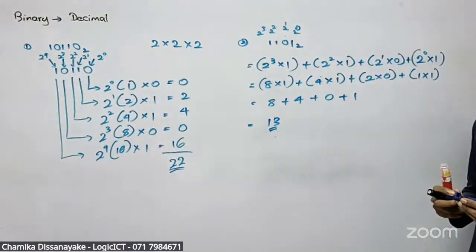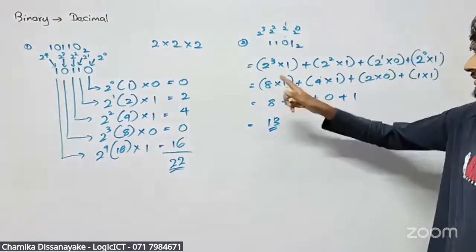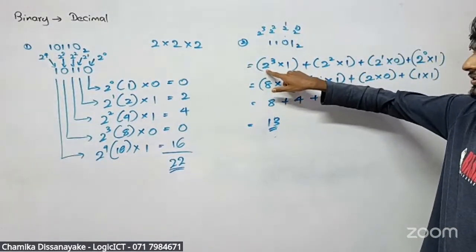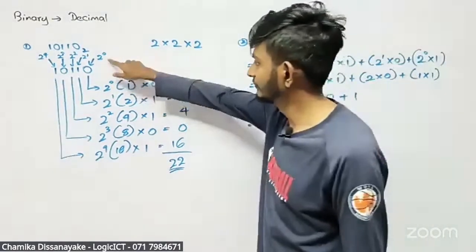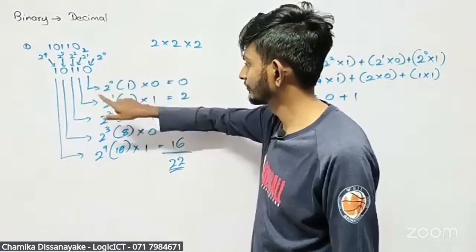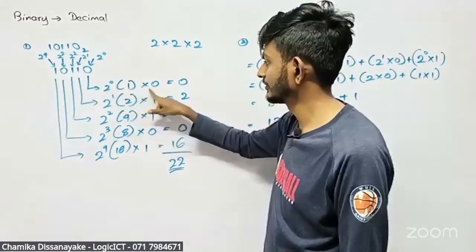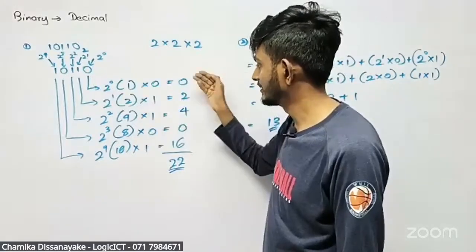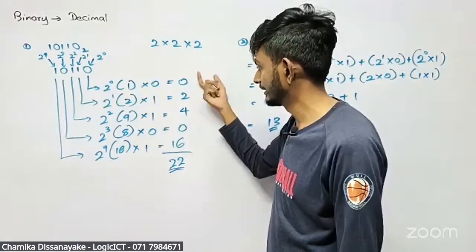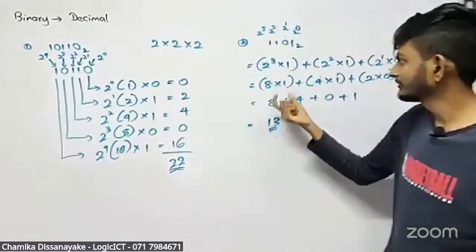You can see it's the same method. What is the method? We multiply the weighting factor by the corresponding value, and in the end we add everything.